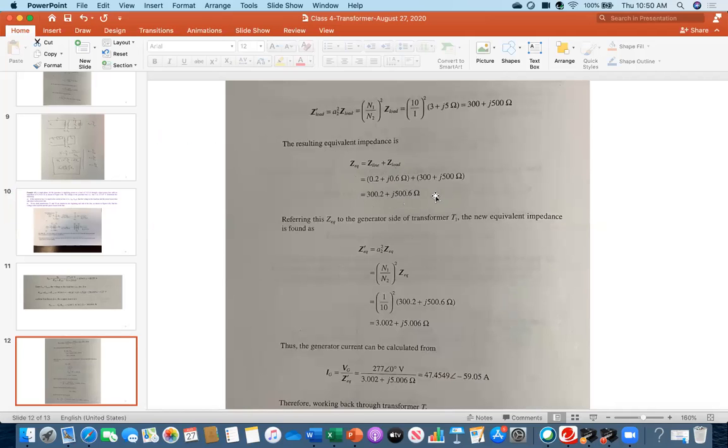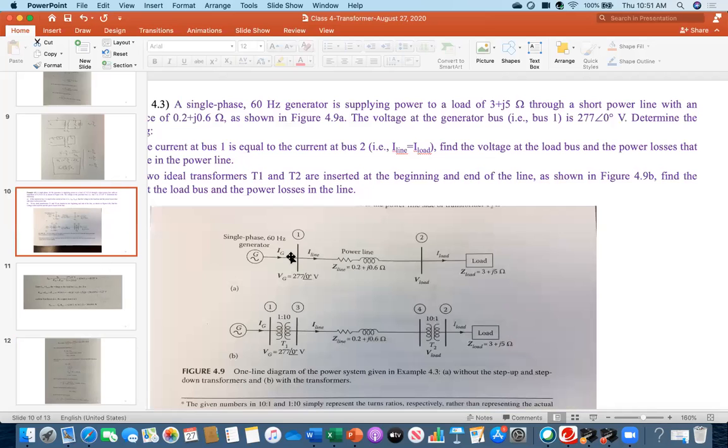We got this one. And then again, this new value, the Z equivalent value, is available at this point. Everybody follow, that is available here. Then you still have to transfer because there is another transformer. Now you have to transfer here. Only then can you find out the total current. Your voltage is given, 277 angle 0, but you don't know what the total current is. That we are trying to calculate. So once you get the Z equivalent up to this point, transfer that new Z equivalent with respect to the primary.